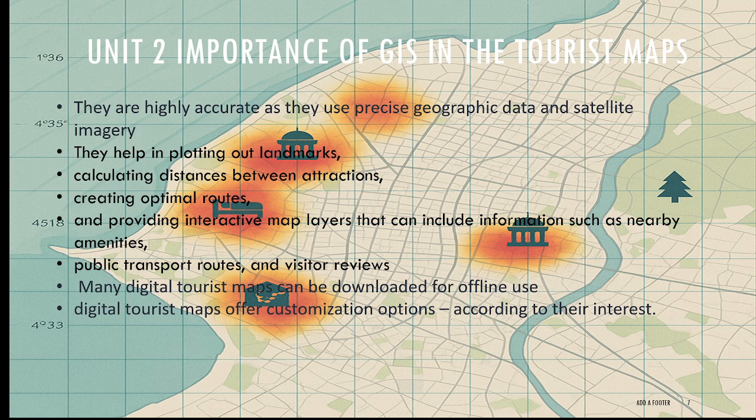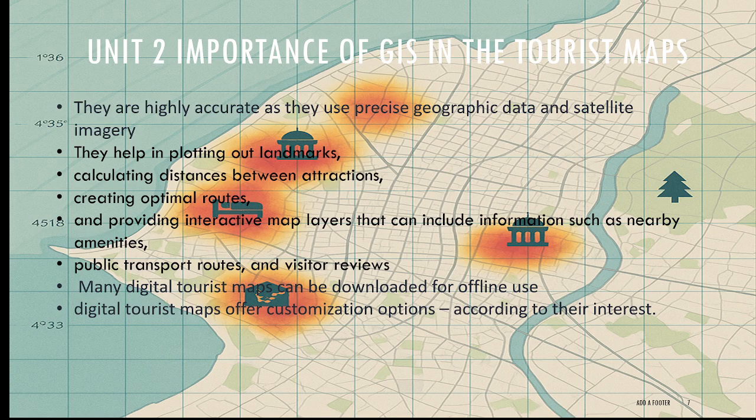For Unit 2, the topic is the importance of GIS in the tourist map. GIS tools are used in creating tourist maps by collecting, analyzing, and visualizing spatial data related to the tourist destination.